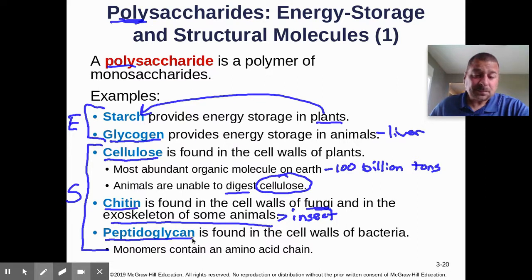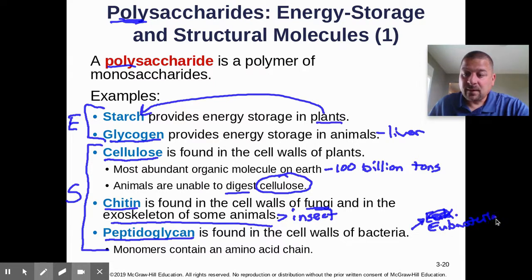Peptidoglycan is found in the cell walls of bacteria. Remember, that's how we tell eubacteria apart from the archaebacteria, whether they have peptidoglycan or not in their cell walls. And again, it's just a sugar.